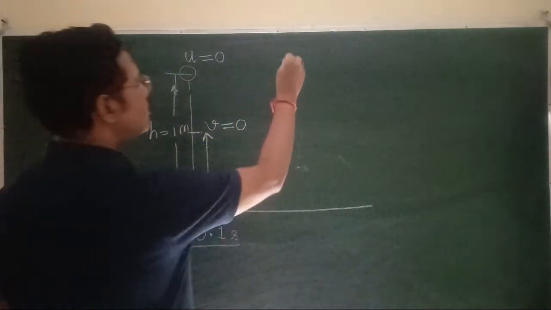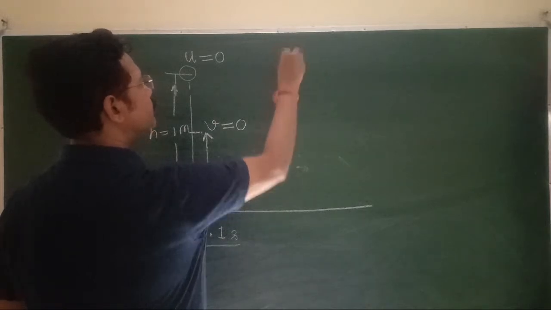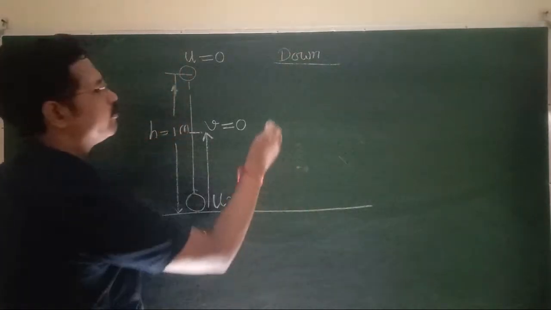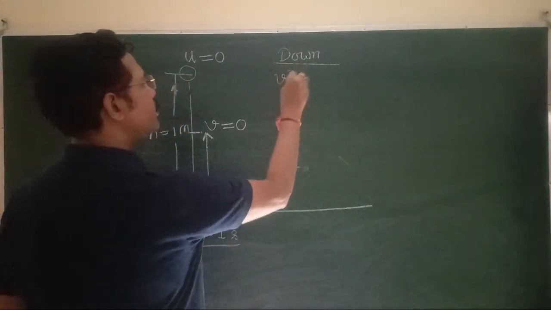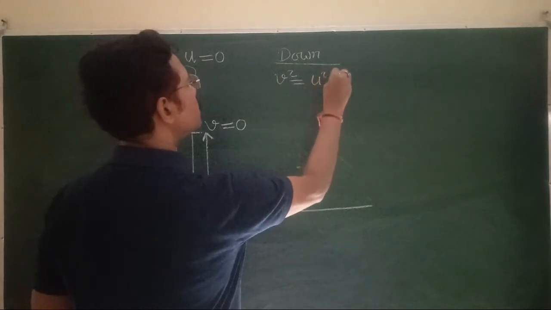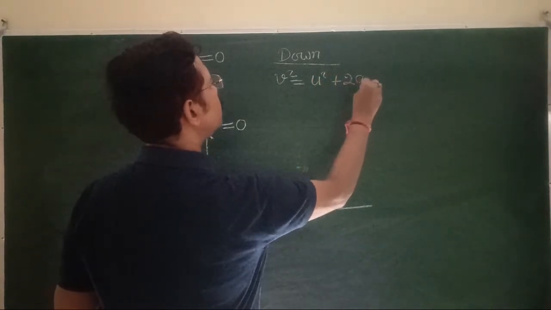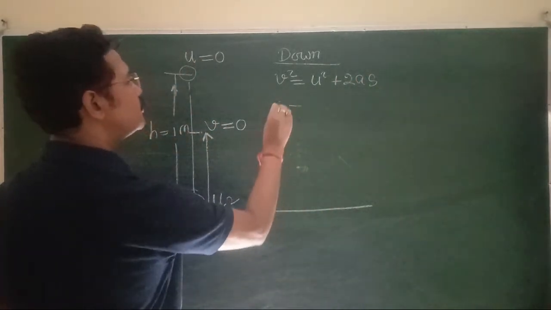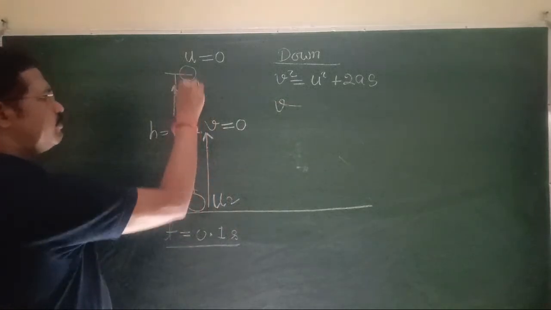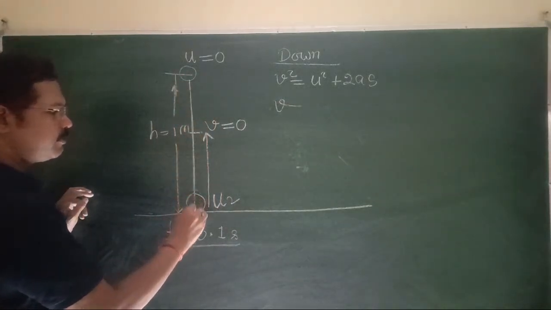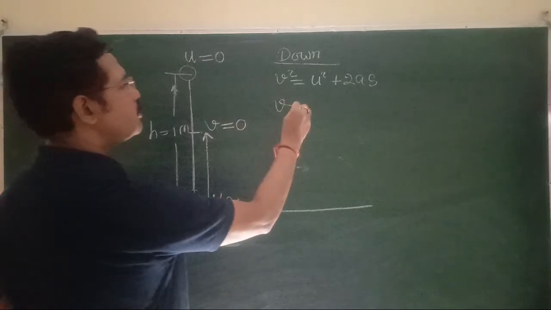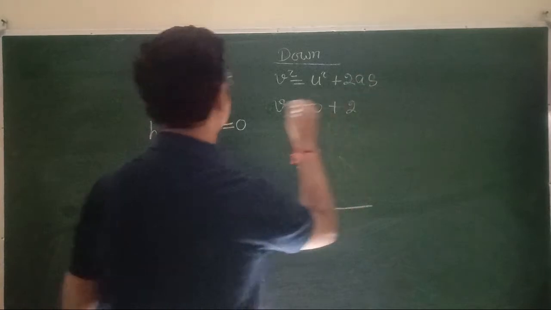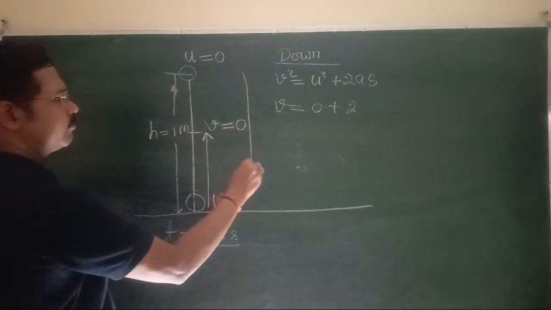Again, for the downward direction, we apply v square is equal to u square plus 2as. Here v is the velocity before strike. Initial is 0, so 0 plus 2 into acceleration.